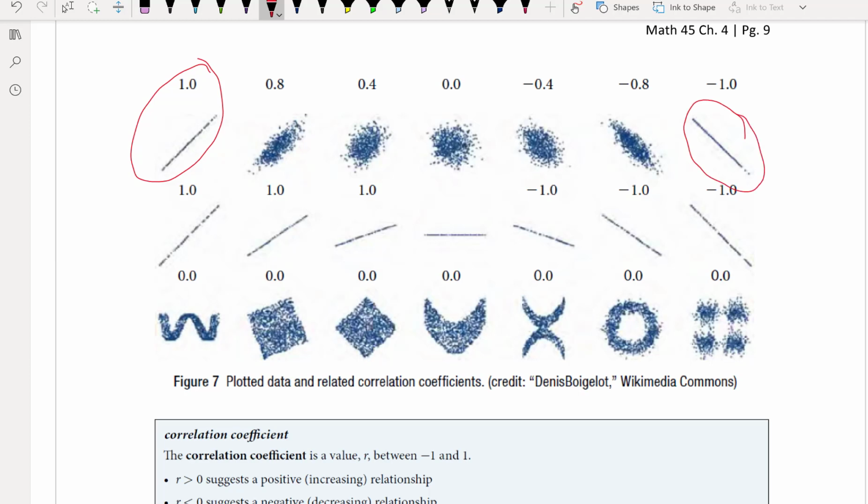Also -1, so +1 and -1 just mean it's a positive slope and a negative slope. Those definitely tell me there's a linear equation. Now, if it's just random and there's really nothing you can tell, that's going to be a 0, meaning it's just all scattered all over the place. So there's no linear relationship here.